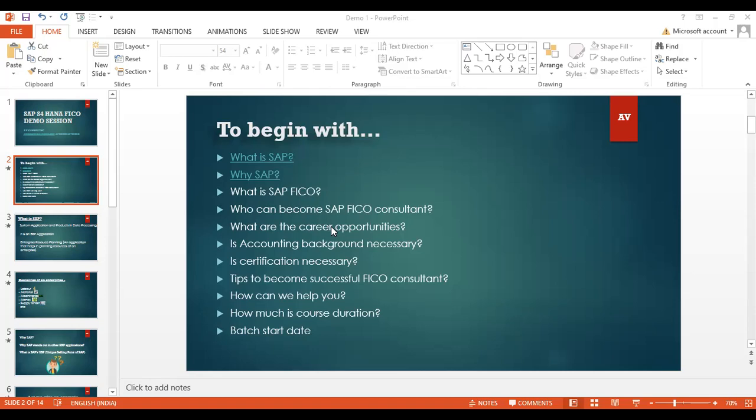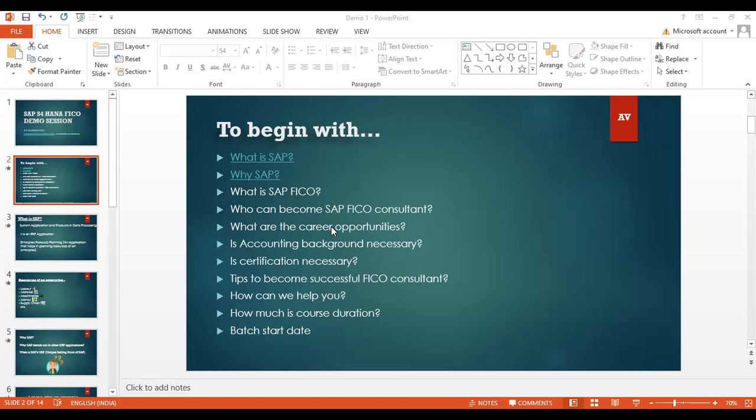So there is one opportunity as an end user if you do the SAP course, and there is another opportunity as a consultant. Whenever there is a requirement to map a business process or a project where a company wants to implement SAP, the company approaches firms that provide implementation services.